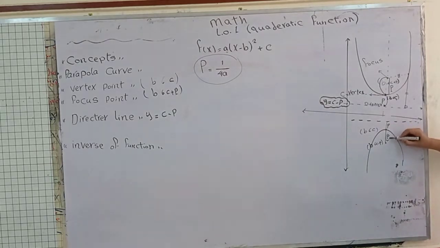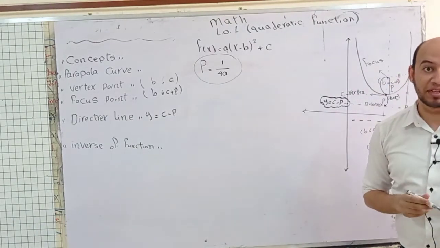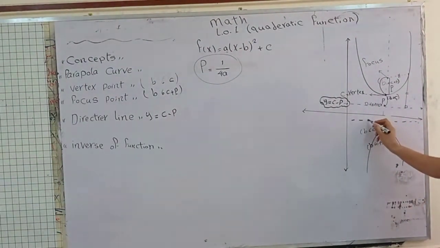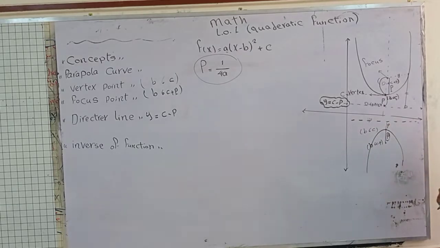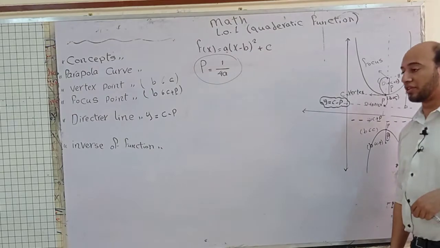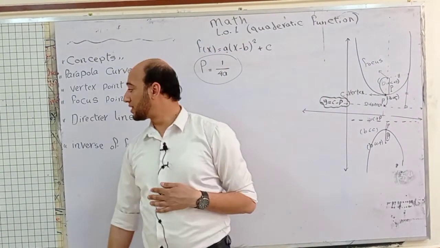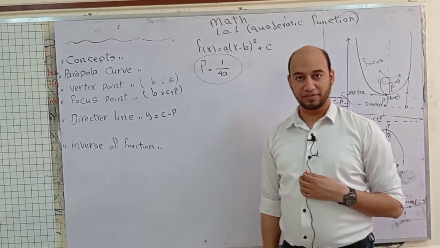If we suppose that is an absolute value for the distance, we will subtract it here, and then the directrix line will be y equal C plus B, because the directrix line is above the vertex. This is how we can get the vertex, the focus, and the directrix line.